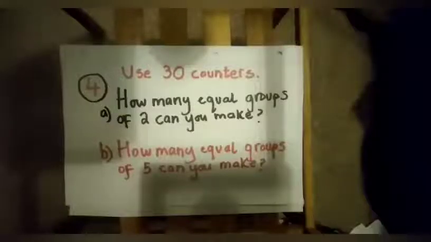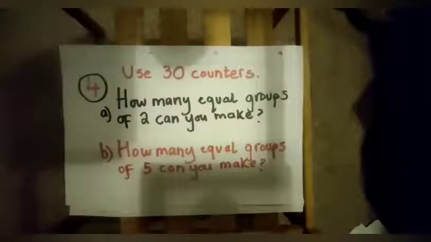Okay. So finally, we are going to have a look at question 4. Question 4 asks you to make equal groups out of a total number of 30 counters. So question 4a asks you, how many equal groups of 2 can you make using a total of 30? Because remember, we have 30 counters.